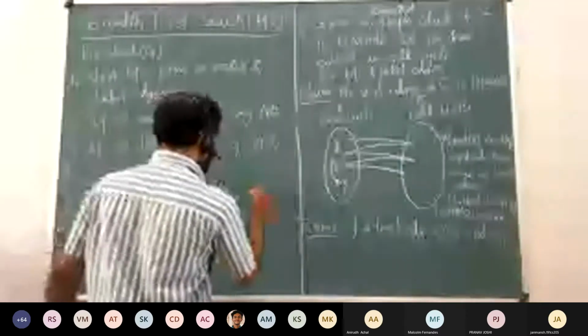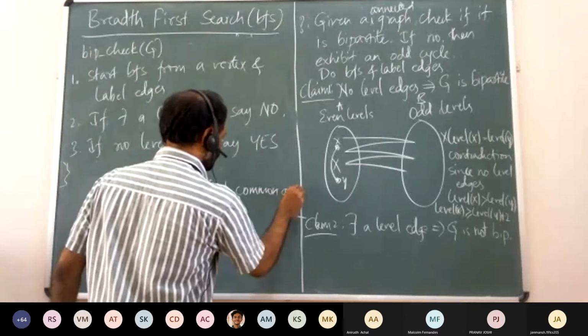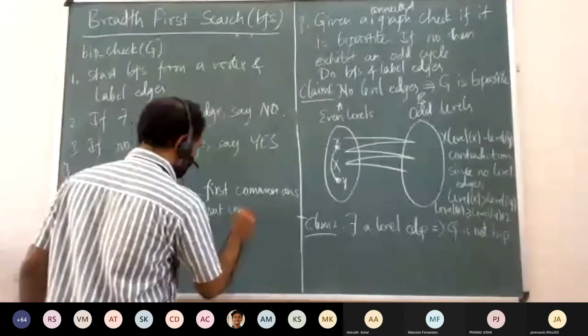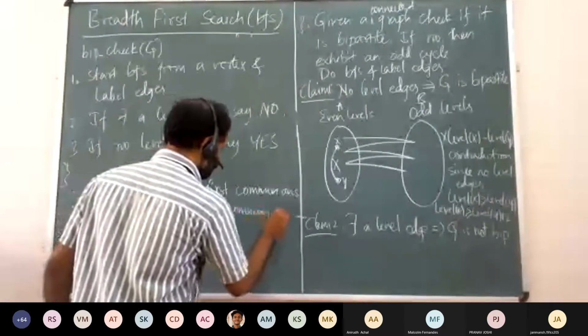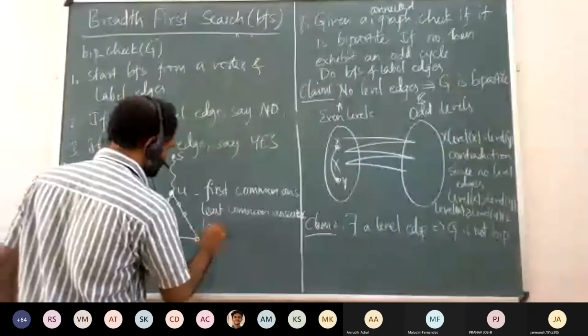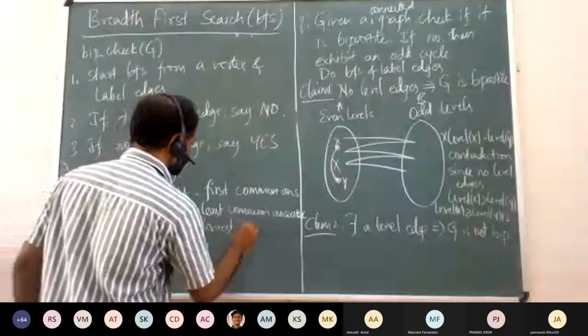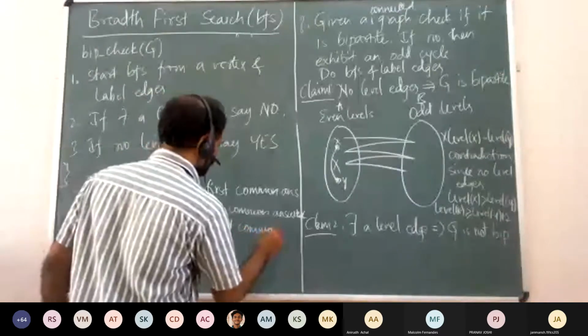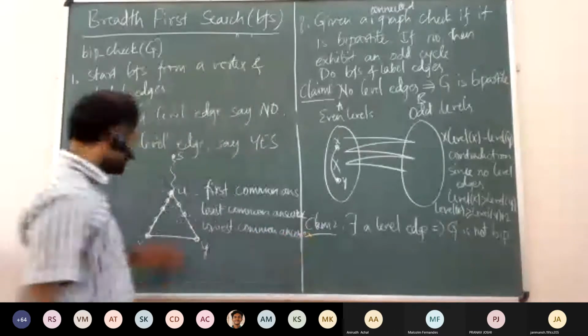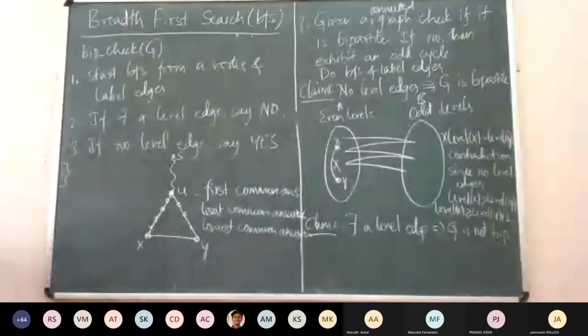First common ancestor. This is sometimes also called the least common ancestor, or even the lowest common ancestor, or nearest common ancestor, whatever you want to call it.